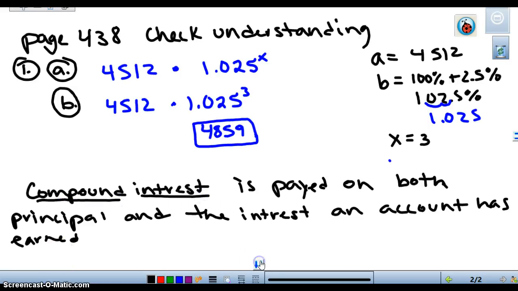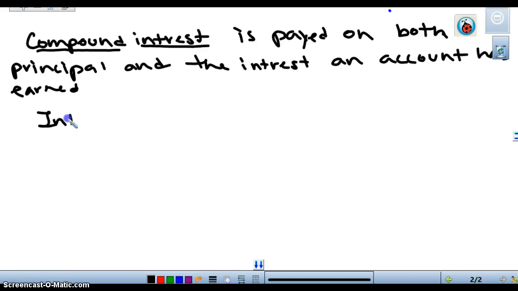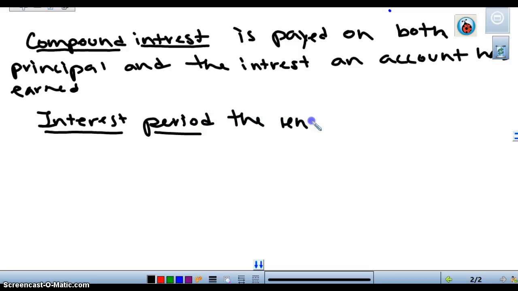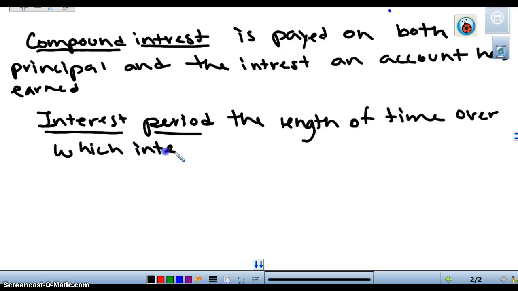An interest period is the length of time over which interest is calculated.